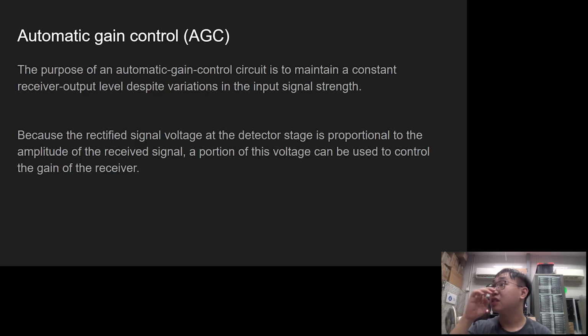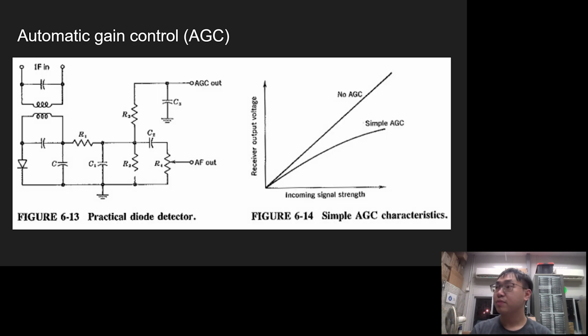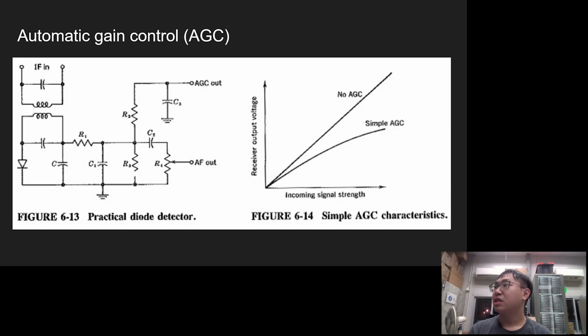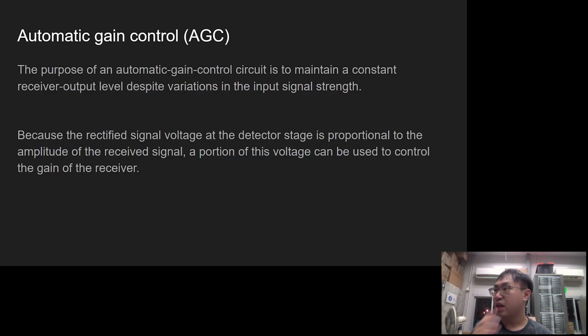HEC is to prevent the signal going too quick. Sometimes, if we don't have an HEC here, the signal at the receiver will be too large and it may damage your other components. So the HEC is like a negative feedback loop.